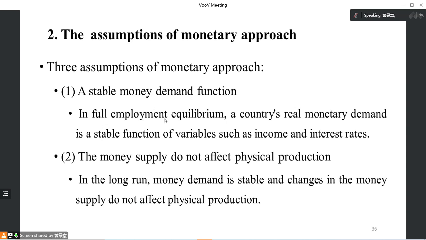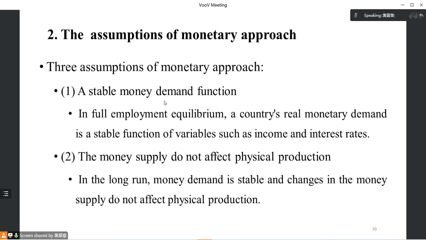In full employment equilibrium, a country's real money demand is a stable function of variables such as income and interest rate. This is a stable money demand function.